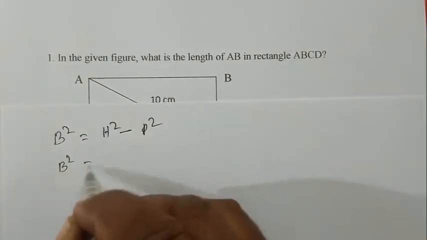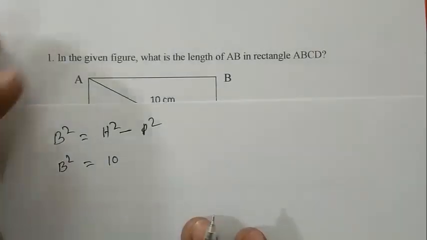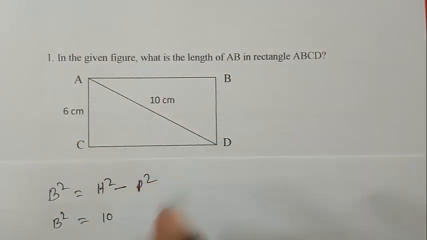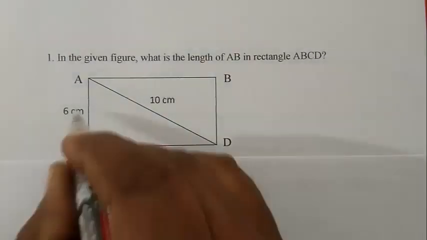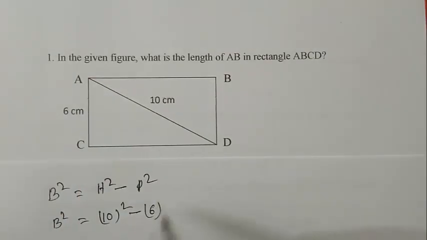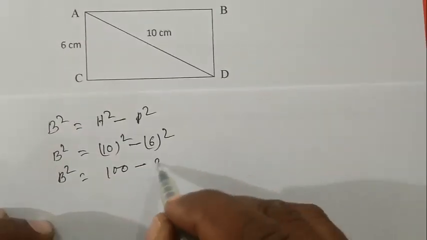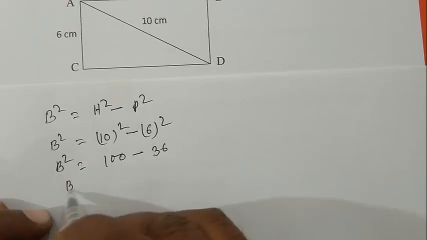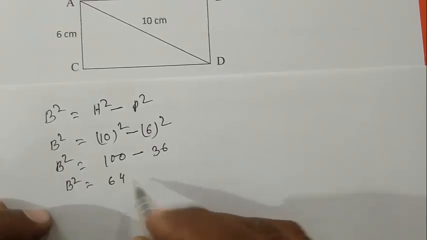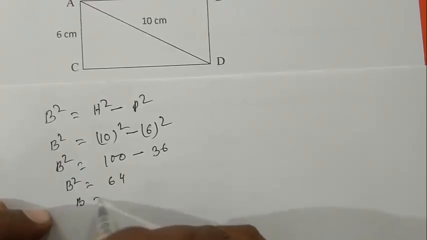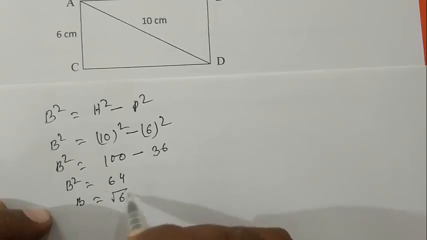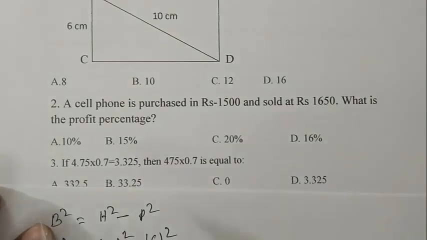Here hypotenuse is 10 and perpendicular is 6. So base square equals 100 minus 36, that is 64, so base equals 8. So the answer is 8. A is the correct answer.